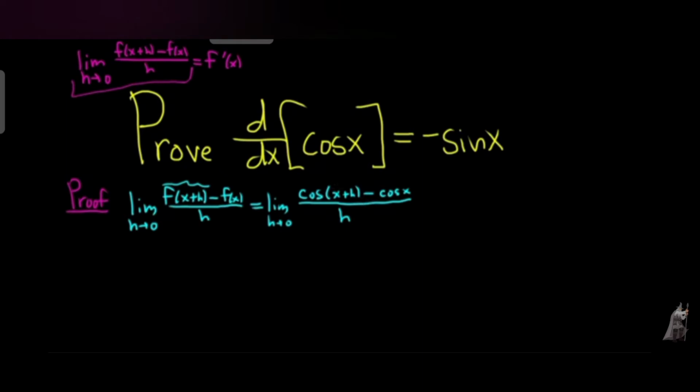At this point, really the only thing we can do is use an identity for cosine of x plus h. Let's do it. I'll write down this limit as h approaches 0.